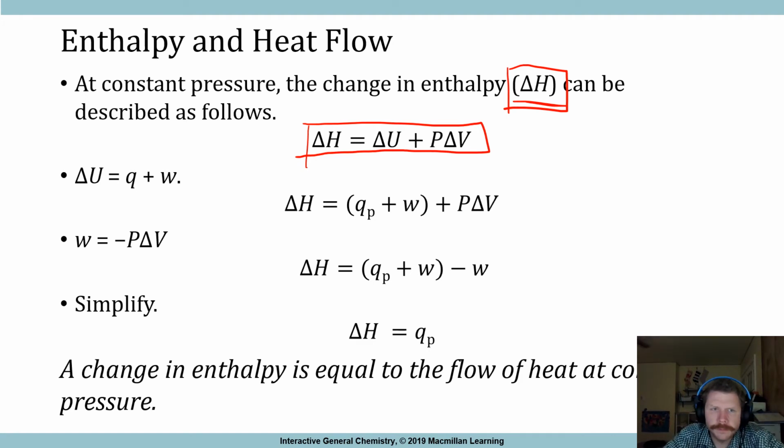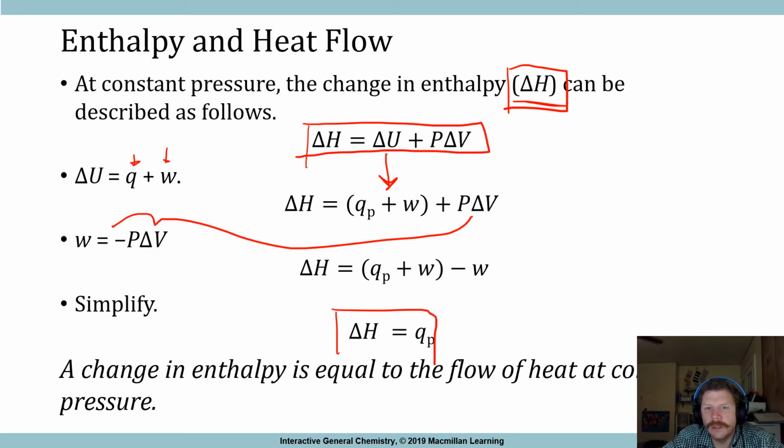Delta U is equal to the heat plus the work, so you can sub in this Q plus W for delta U. Now W is equal to negative P delta V, and we sub that in for W. Therefore, when you do all these simple substitutions, we end up with delta H equal to the flow of heat at constant pressure, or delta H equal to Q sub P.